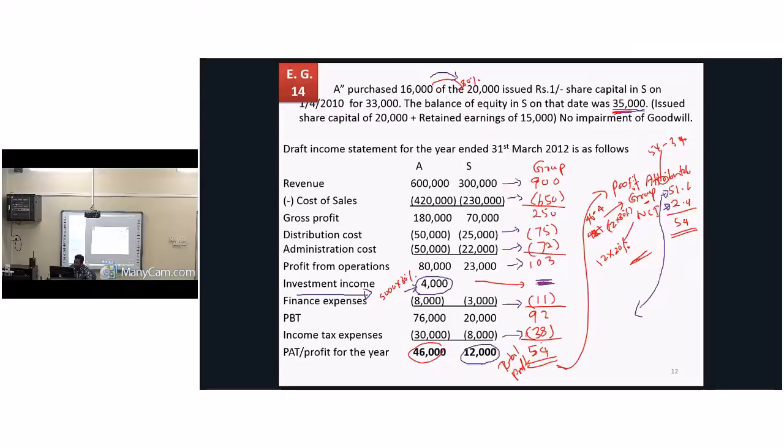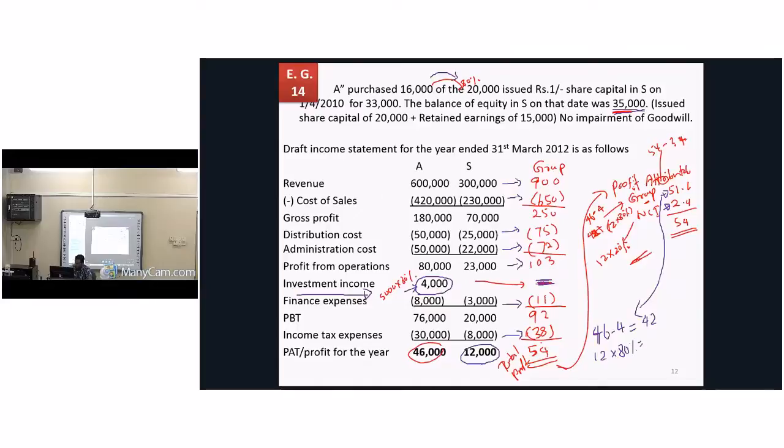Parent's profit for the year 76. Sorry, not 76, 46. Parent's profit for the year 46 plus or minus adjustment. We had only one adjustment in this case, minus 4 intercompany dividend. Then it is 42, plus subsidiary's profit for the year 12 plus or minus adjustment, no adjustments in this question, into 80%.